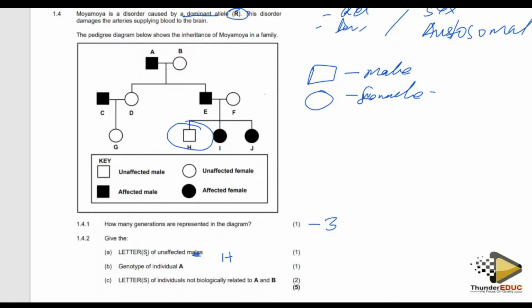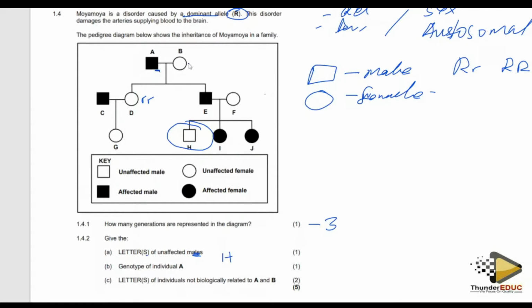And then number 2 produced a kid who is a female, and this kid is not affected. What does it mean? If this kid is not affected, it means that this person is recessive, small r. And this one is not affected because this is caused by a dominant allele. So individual A can either be capital R, small r, or capital R, capital R.